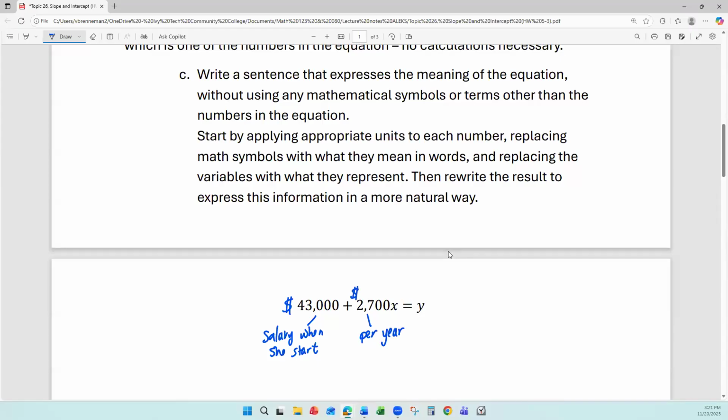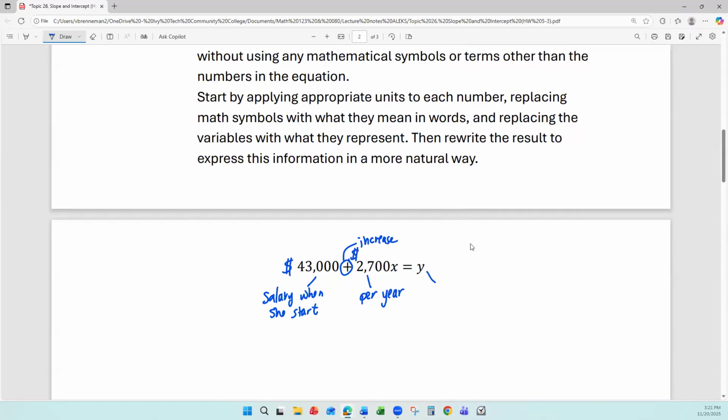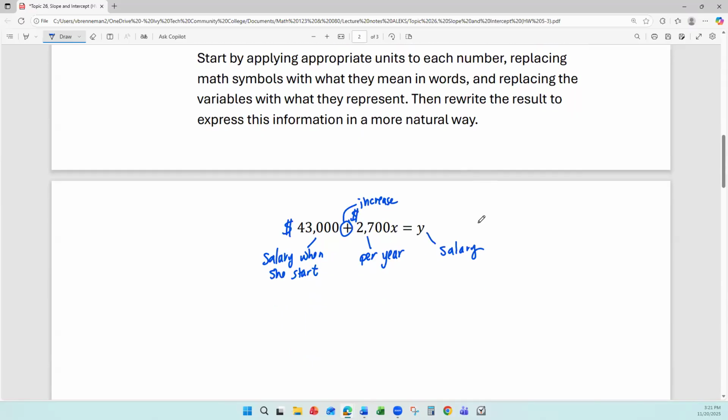It is a change per year, and more specifically, it is an increase because it's positive. Y is representing her salary at a given point in time.